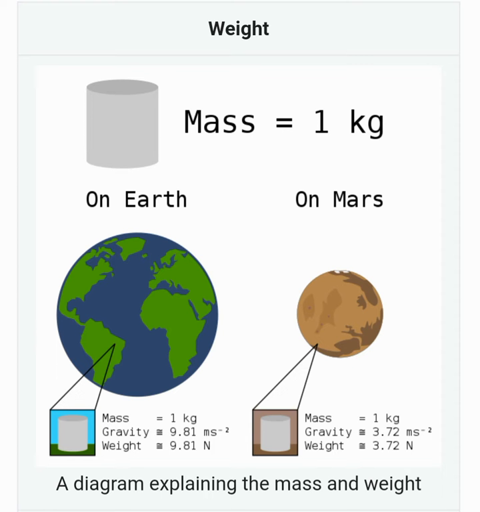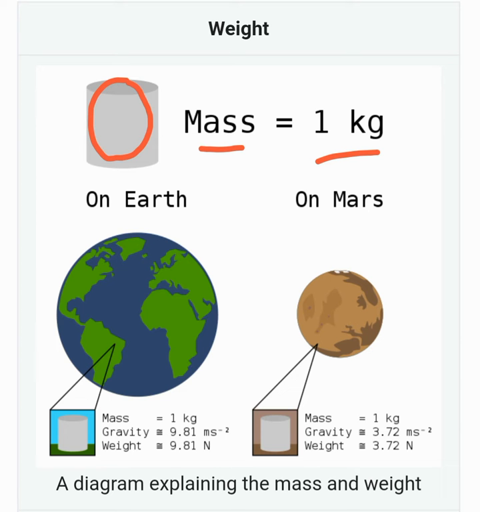For example, there is an object and it has a mass of 1 kg, and you want to know what is the weight of that object. Remember, weight and mass are two different things.